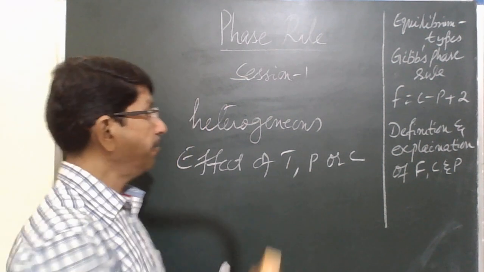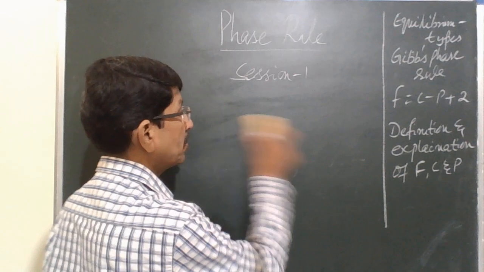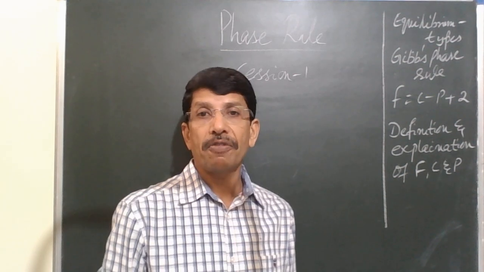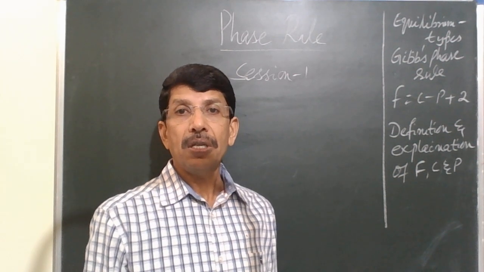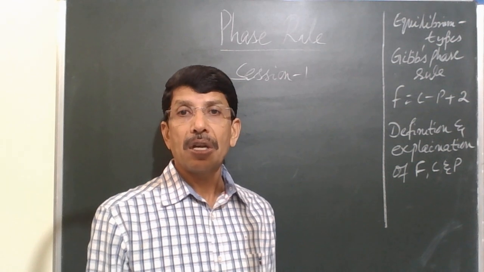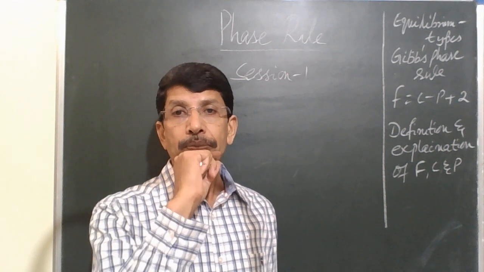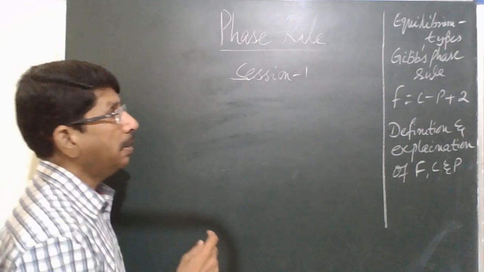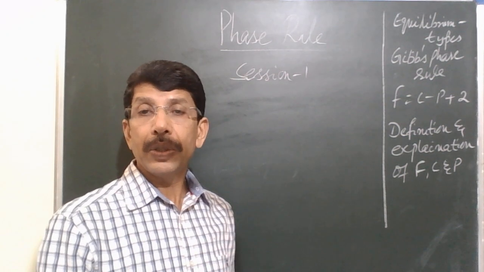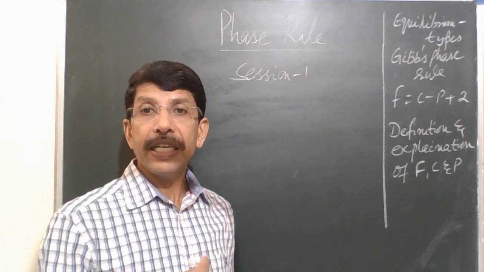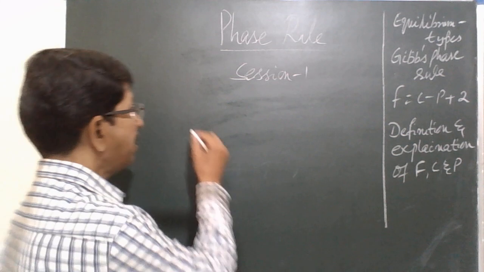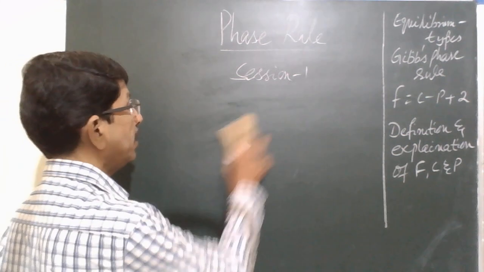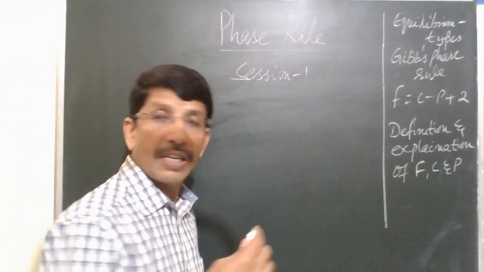As I said, Gibbs phase rule is applicable to heterogeneous equilibria. So what is meant by heterogeneous equilibrium?